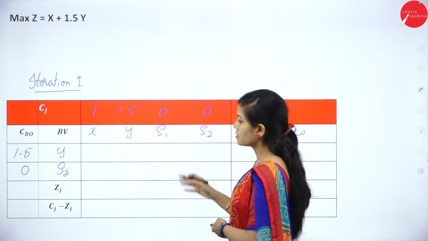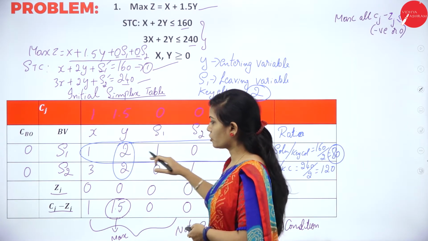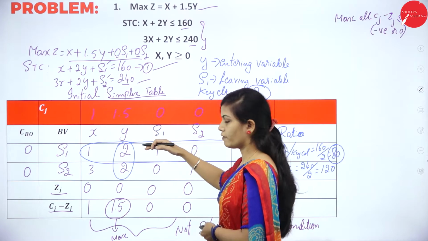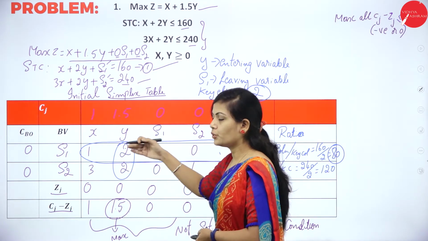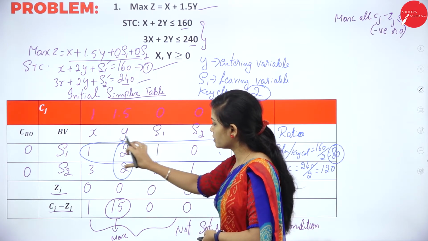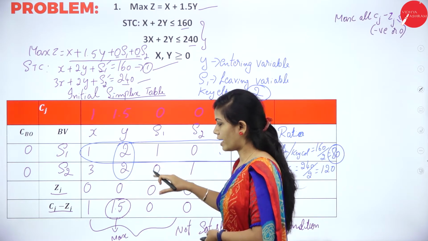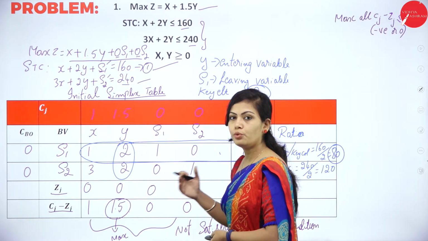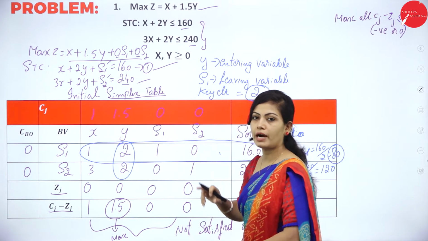So the next step is, in the previous table, we have key row and non-key row values. In iteration 1, you have to find the new values using these old values. So first I will find the key row values.